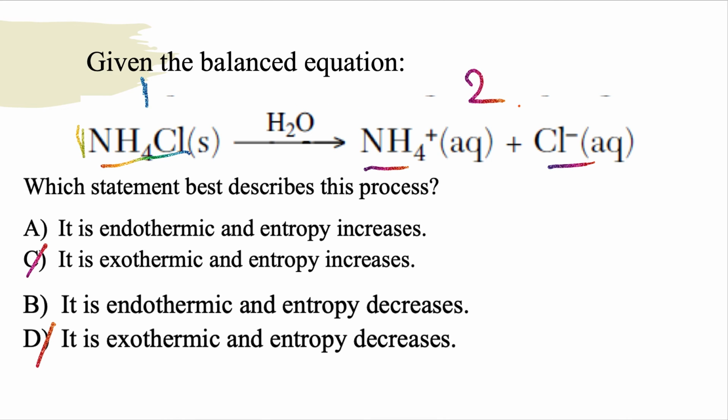So we went from 1 to 2 substances, meaning we have more things. Entropy is also increasing, so the answer has to be A. Just remember, entropy is the measure of how disordered something is. When you only have 1 thing, it's a lot easier to keep it ordered than when you have 2 things.